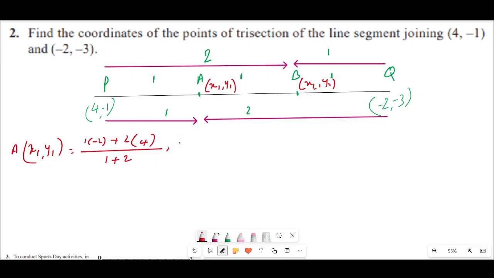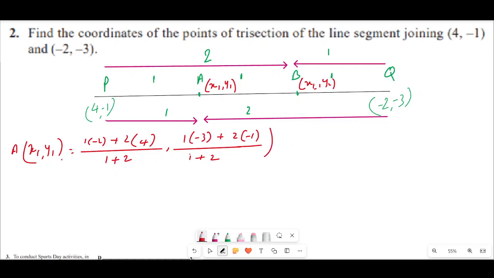In the same manner we write for the y coordinate: 1 into -3 plus 2 into -1, over 1 plus 2.